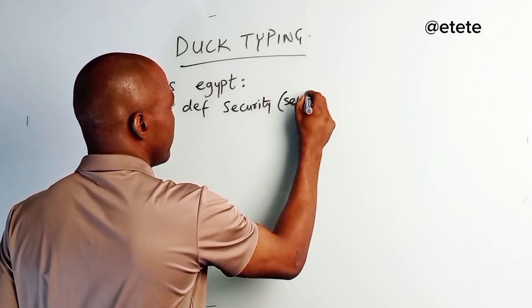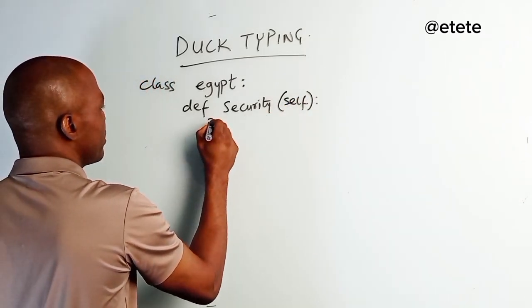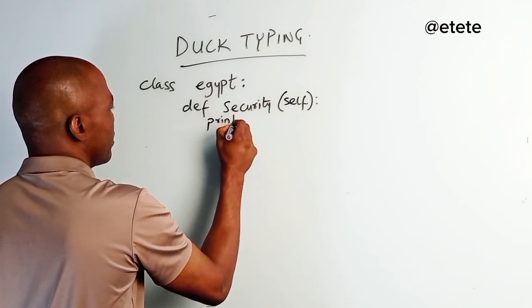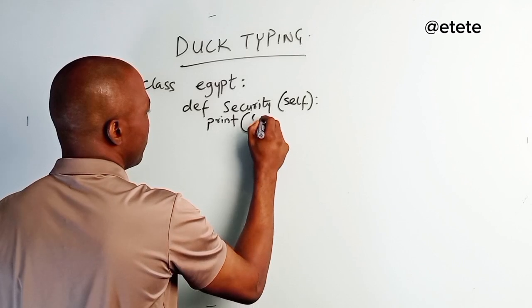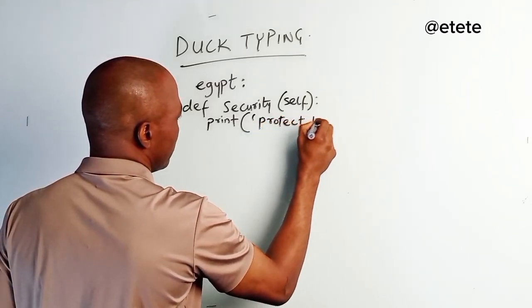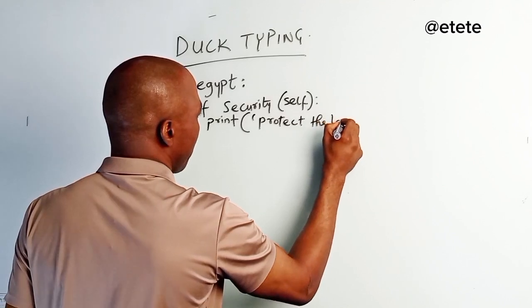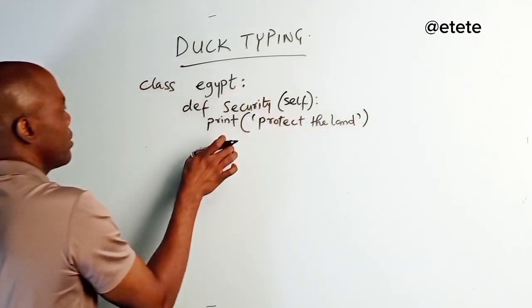Now we call this method security, with self, right? And then inside this method we'll say print, protect the land, right? That is the first method.